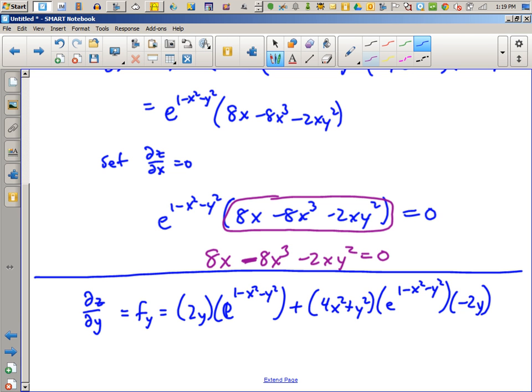Okay, that's again u prime v plus v prime u, but this time I'm treating x as a number. And let's factor that as well. So e to the 1 minus x squared minus y squared, and factor out that thing, and you have 2y minus 8yx squared minus 2y cubed.